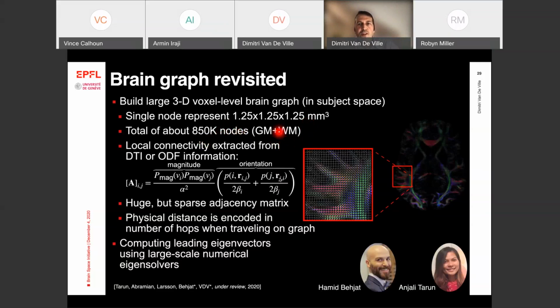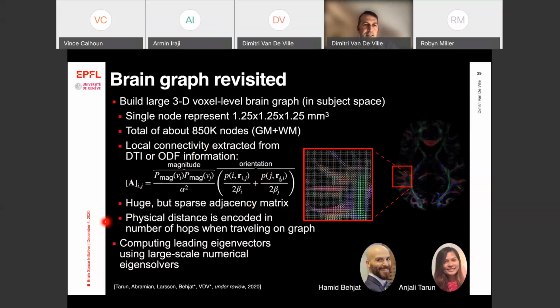So this whole operation is done in subject space, and we are extracting from the diffusion-weighted MRI both information about the magnitude and about the orientation, and combining that into local connectivity between the nodes of the graph. So this leads to a huge but very sparse adjacency matrix, because you basically only have potential connections between neighbors.